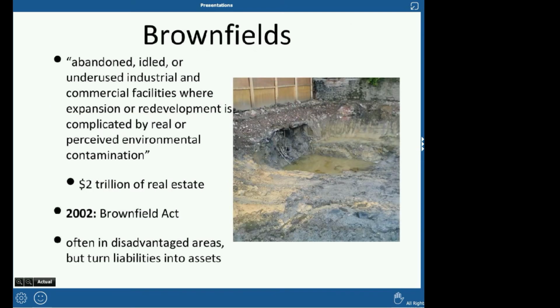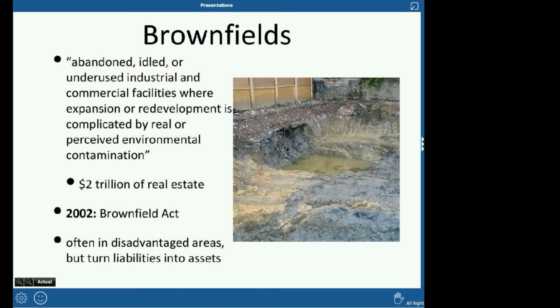It's not instantaneous. There are other things called brownfields, and I've seen them mention brownfields on the AP exam as well. They mention them in the FRQs, they mention them in the multiple choice section. And these are basically abandoned industrial facilities where they can't develop on them because there's either some real or perceived environmental threat or contamination. This is actually the official definition of a brownfield.